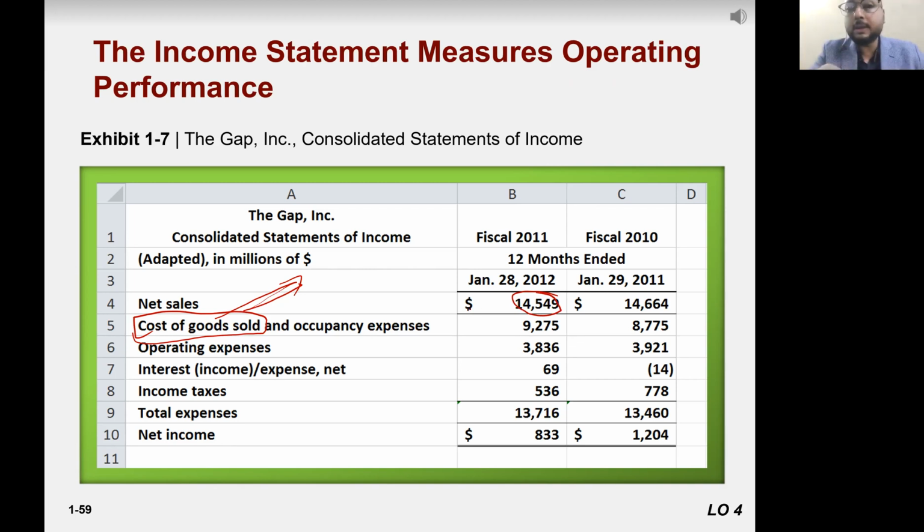For example, the company made 1,000 units of suits, 2-piece, so 3-piece, right? The company sold only 800 suits.